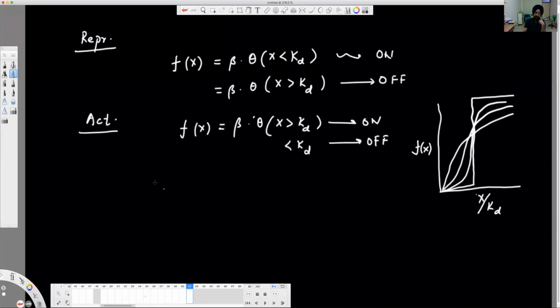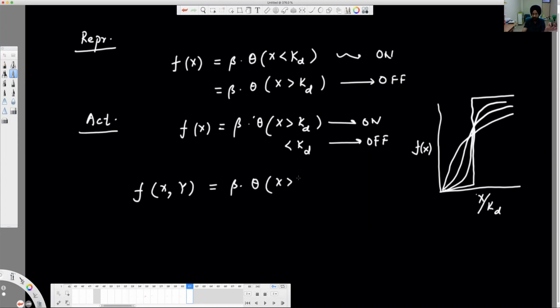Let us say now for activation you have two activators, X and Y. You need both X and Y to be there, which means the relationship is AND, so you can now write it as a product.